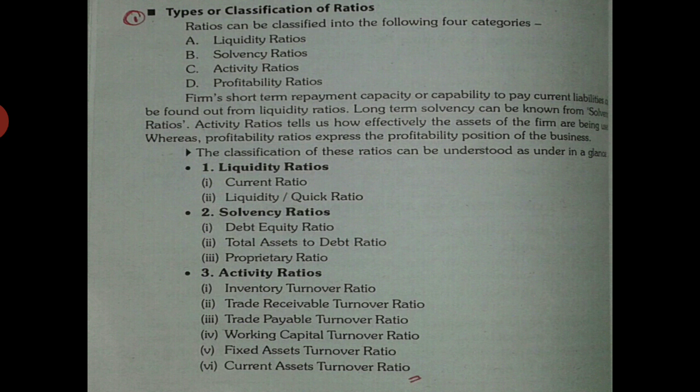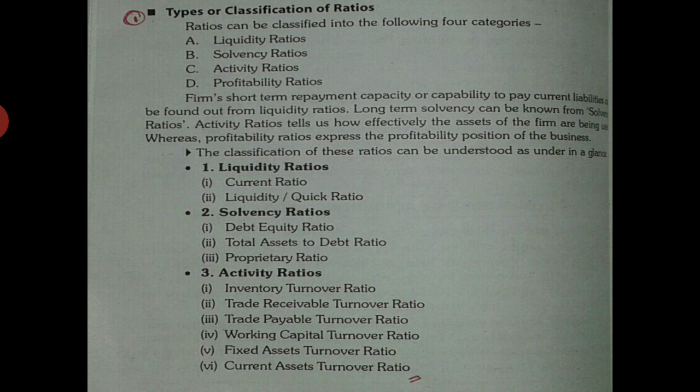First, liquidity ratios. Two ratios are there: current ratio and liquidity, or you can say quick ratio. In solvency ratios, there are three. First, debt equity ratio. Second, total assets to debt ratio. And third, proprietary ratio.